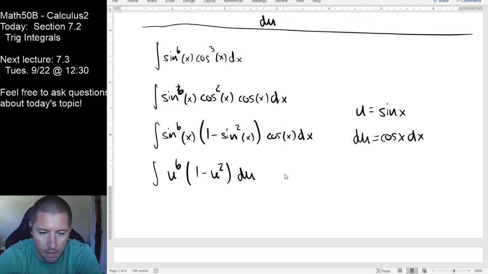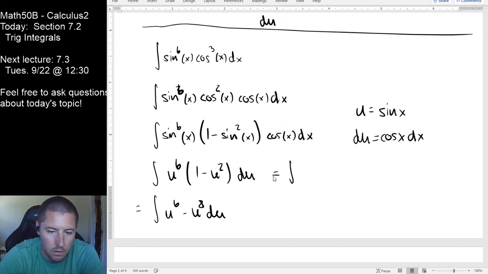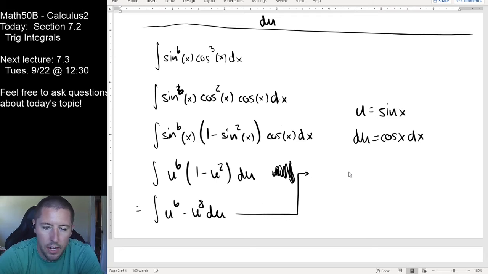So it looks like I can just do the integral here. Let's do this. I'm going to say equals, and I'm going to multiply this out. I'm going to try and keep this all on one page here. This is going to give me 1/7 u to the 7th minus 1/9 u to the 9th plus c.